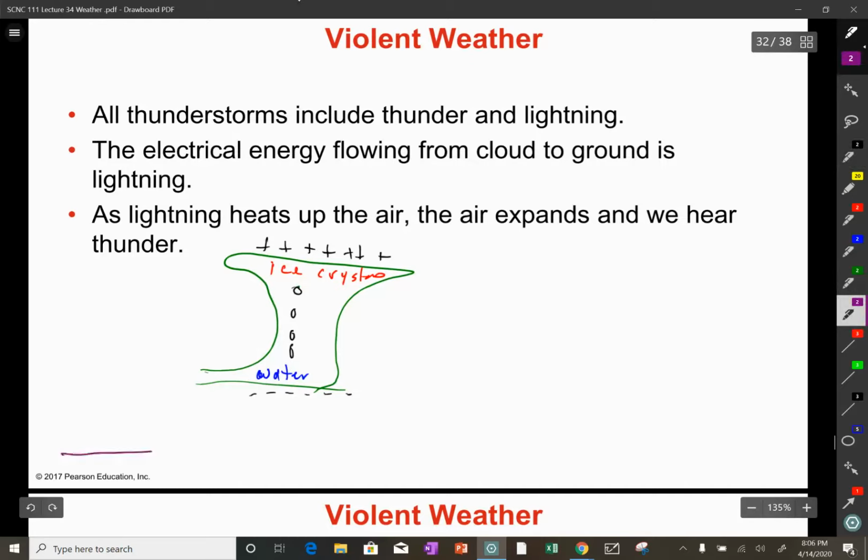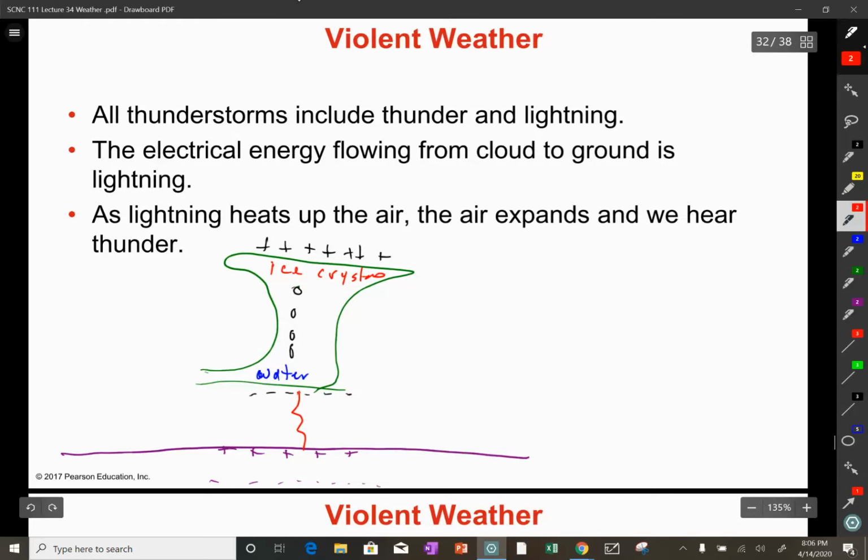Now, if we look at the ground down here, this negative charge is going to push negative charges down below the surface. And so you're going to build up a positive charge at the surface. So you also have a voltage difference between the bottom of the cloud and the earth. So you can have lightning, electric charge, that's going to be electrons that come down here to hit the earth.